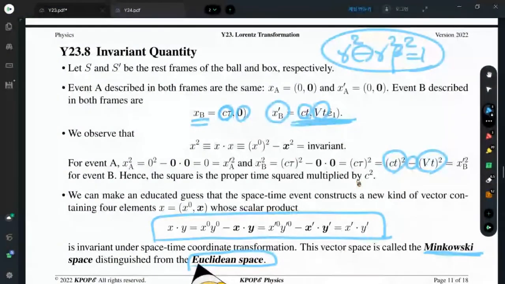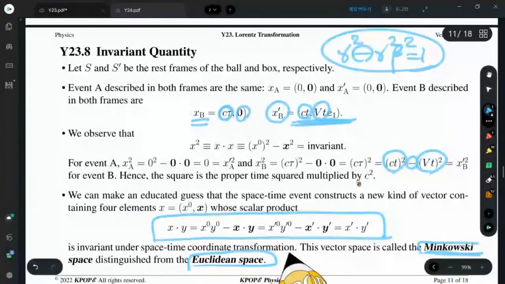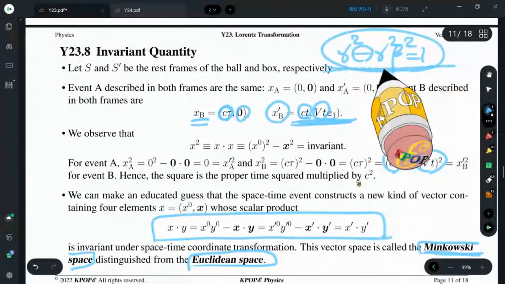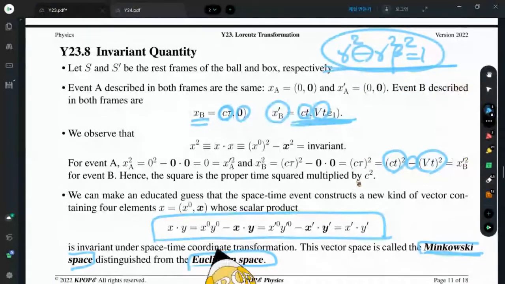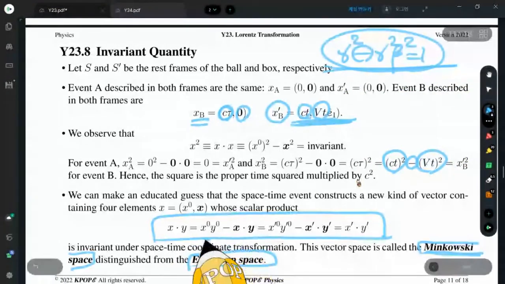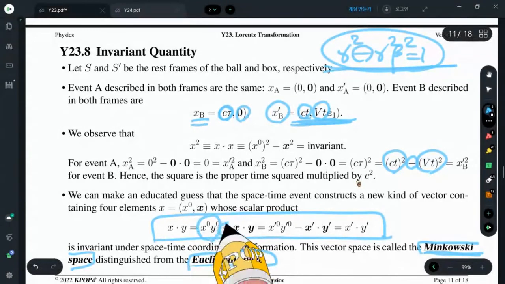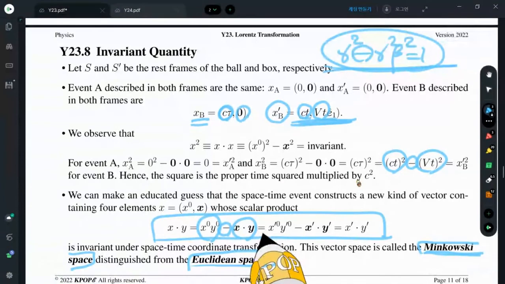Instead, the scalar product in the Minkowski space is described by this strong constraint. The scalar product is the time component product subtracted by the scalar product of the spatial component.